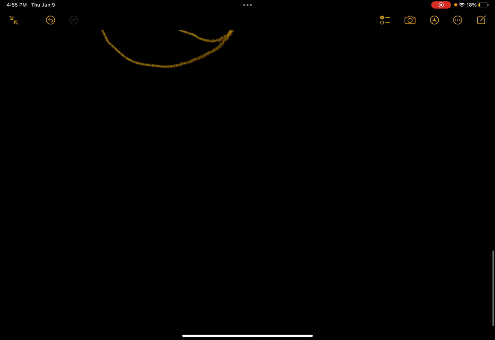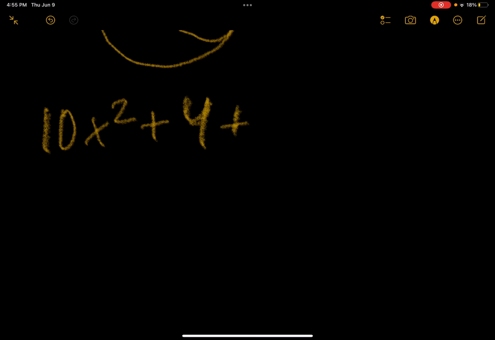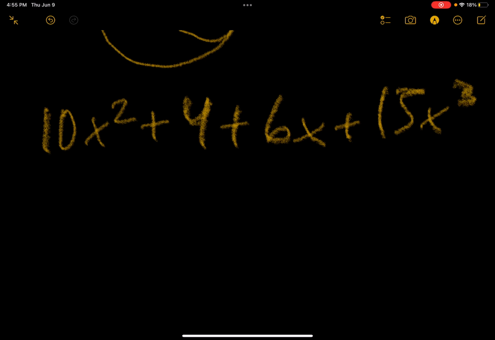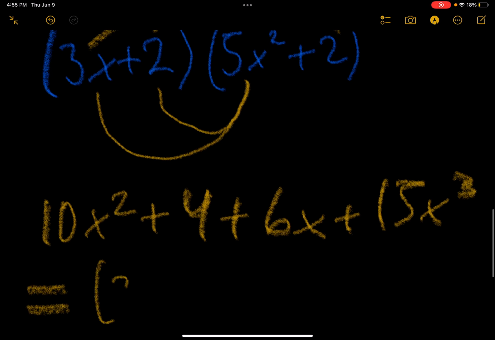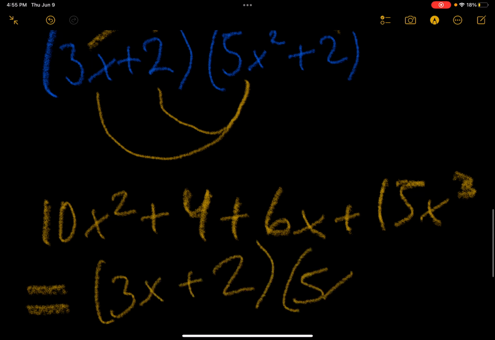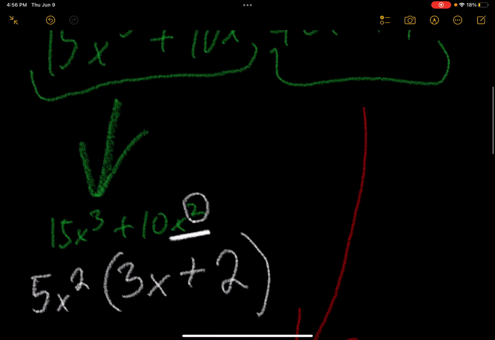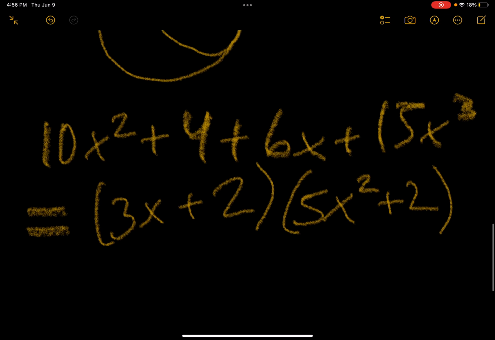So in other words, 10x squared plus 4 plus 6x plus 15x cubed equals 3x plus 2 times 5x squared plus 2. Basically that's what polynomials are. So that's how you would do it. Let's try another one.